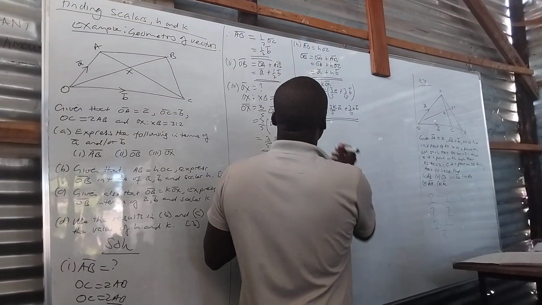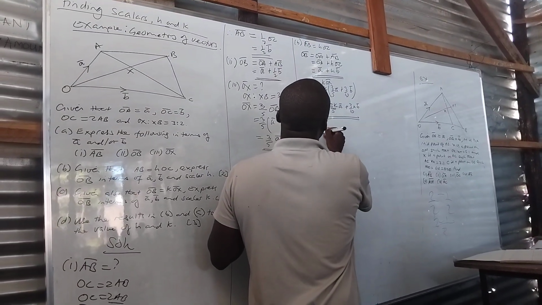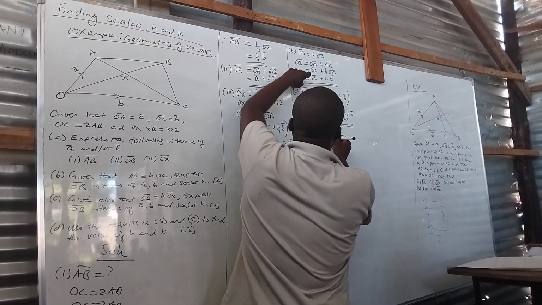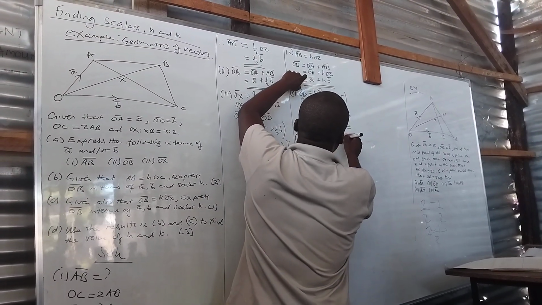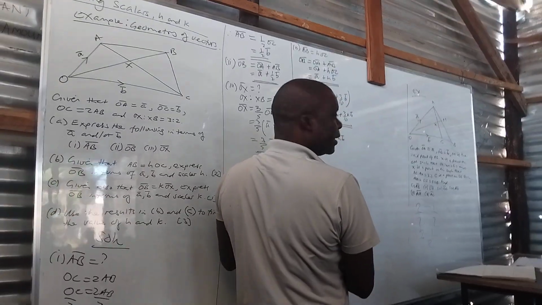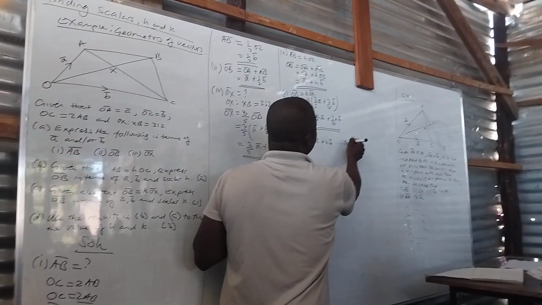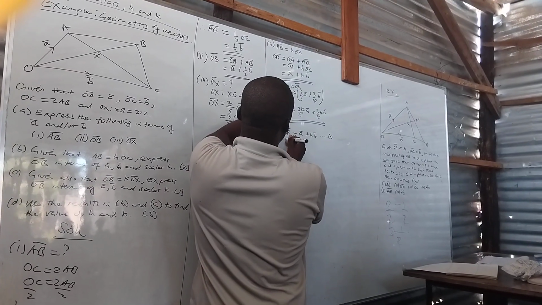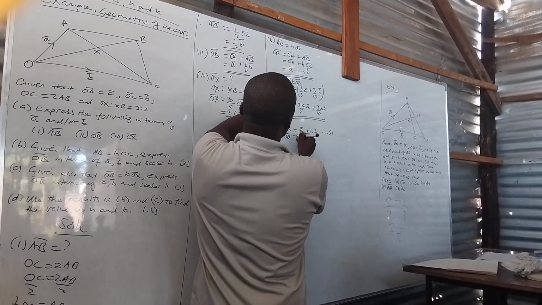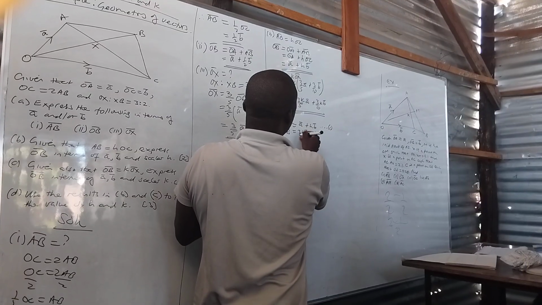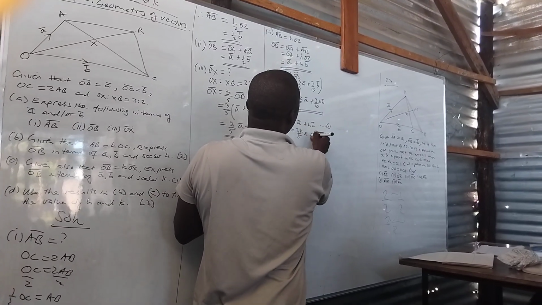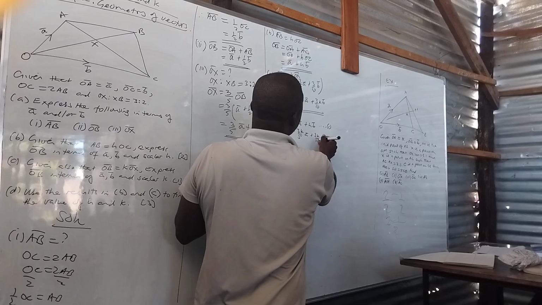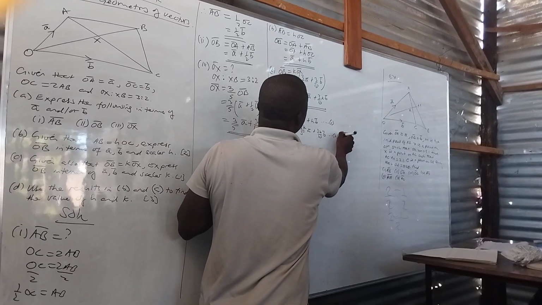What's the result of B? Vector OB is equal to vector A plus H vector B. You can call it equation 1. From C, OB is equal to 3K over 5 A plus 3K over 10 B. You can call it equation 2.